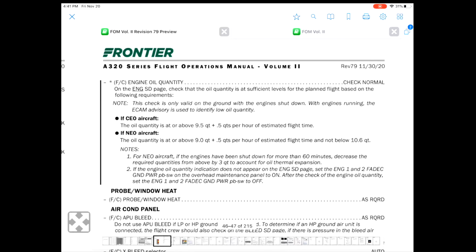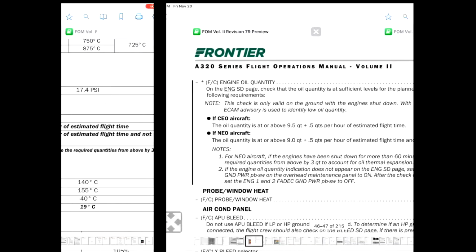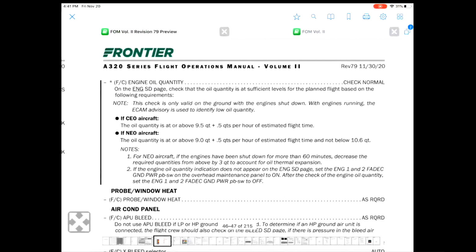All right. Let's see. Other normal procedures. Looks like there's some expanded guidance on how to appropriately align the ADIRUs when there's no GPS position. Can you describe that situation for me? Yeah, Casey. So we had a lot of responses from this GPS issue we're having right now. As we know, the known problem with the GPS position being lost. And one of the things that we put out in the bulletin, and we also had this issue when we had that wrong MEL where we were required to deselect the GPSs even when one GPS wasn't operative.